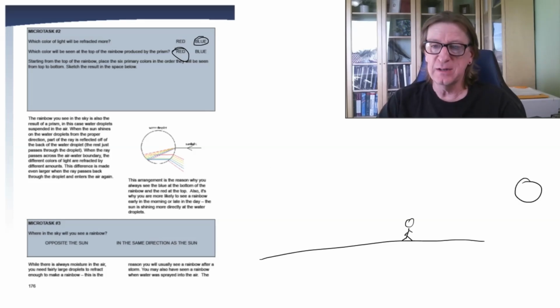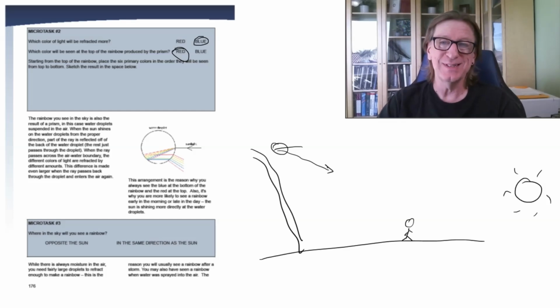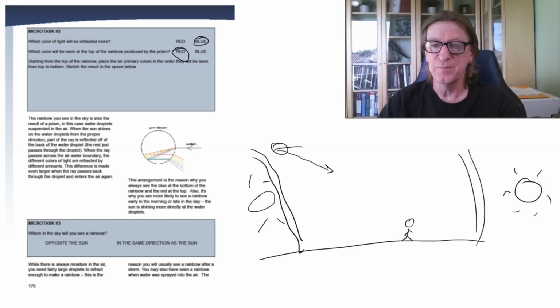If the sun, say, is over here, where am I going to see the rainbow? I would have to see the rainbow over here. The reason for that is because I need that water droplet, I need it reflected back. I will never see a rainbow on the same side as the sun. I will always see it on the opposite side of the sun. So if the sun's on this side, then I'm going to see the rainbow over here.